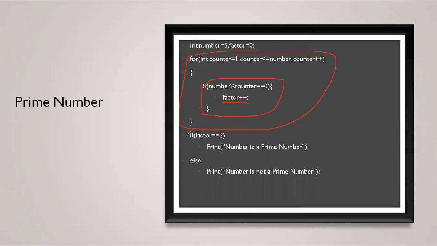So don't get confused about where we need to write this if else statement. It has to be outside of the for loop, because if you write it inside, every time it is not dividing, it will print it every time. So we should not be writing it inside the for loop.